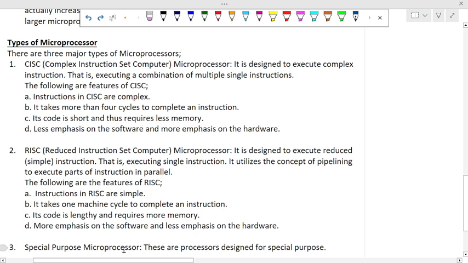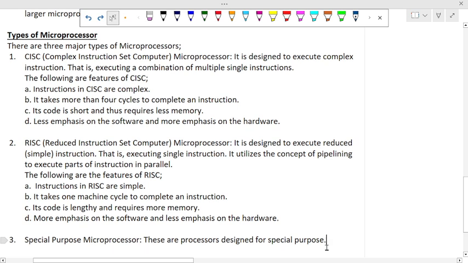It's very, very straightforward. Special purpose microprocessors are processors designed for special purpose. Full stop. Done. Examples of these are microcontrollers like Arduino, Raspberry Pi, ESP32. If you don't know what all those things are, no problem. Don't worry about it. But just know that any microprocessor designed for a particular or special purpose is a special purpose microprocessor.